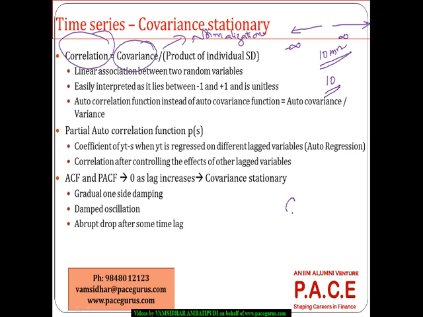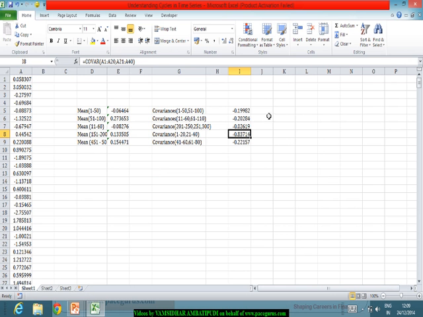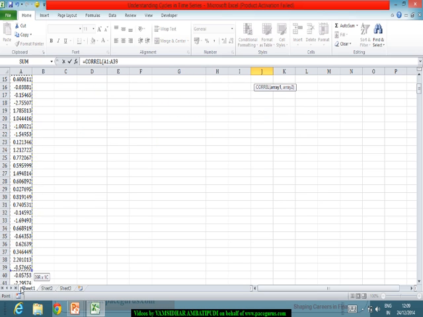What we typically do is, whatever covariance we have got, we divide it by the standard deviation of the two values to arrive at the correlation. Now let's see, in this case, the correlation between 1 to 50 and 51 to 100.